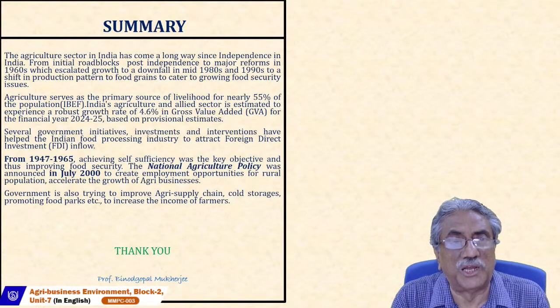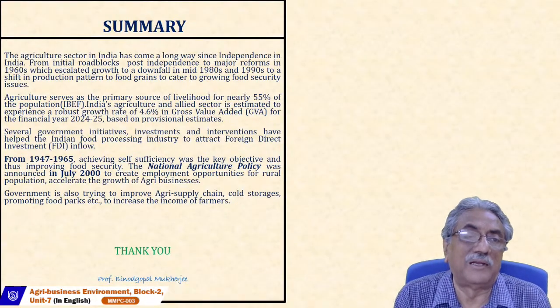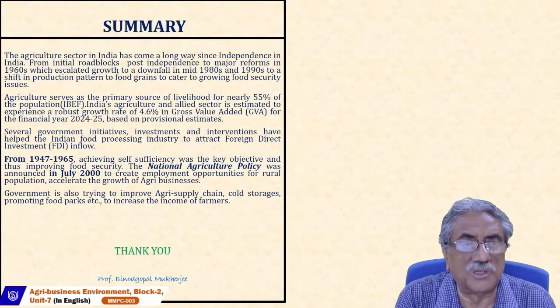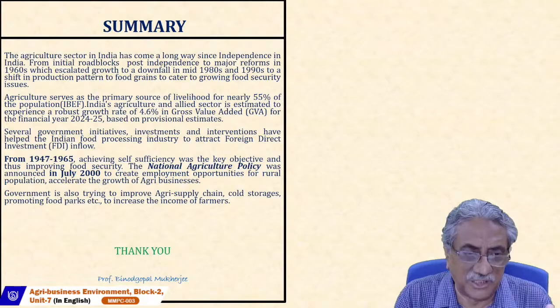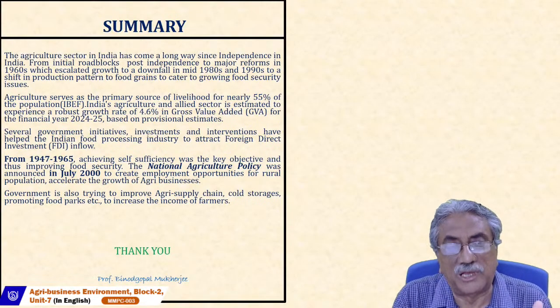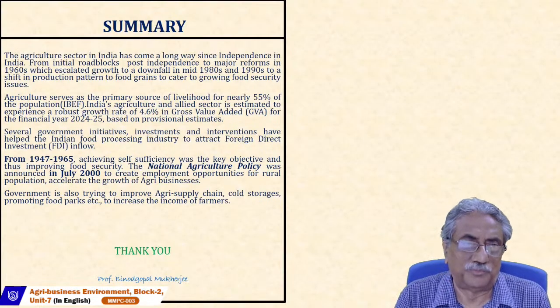Farmers can also get a better income and consumers can buy at a decent price. That is the government's basic policy about agriculture. This is, in broad terms, our agricultural environment from independence till now.